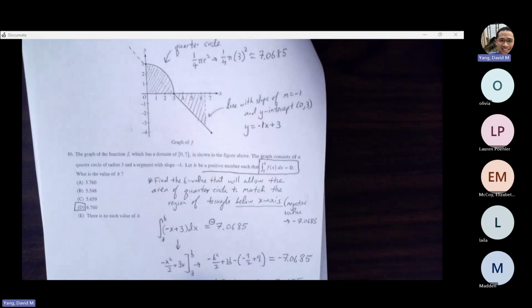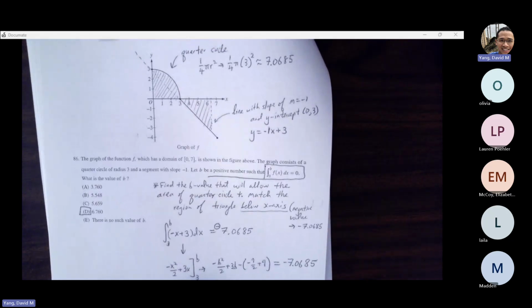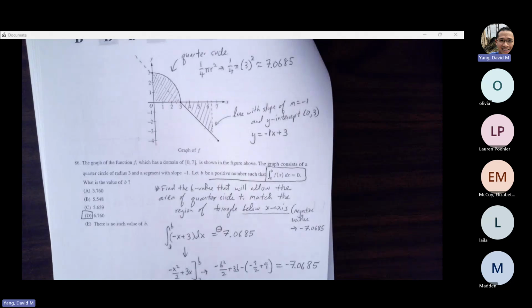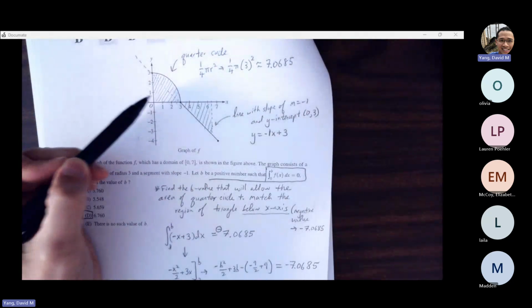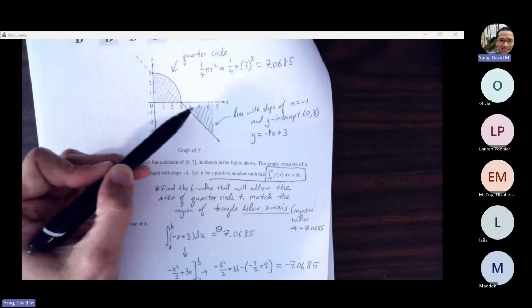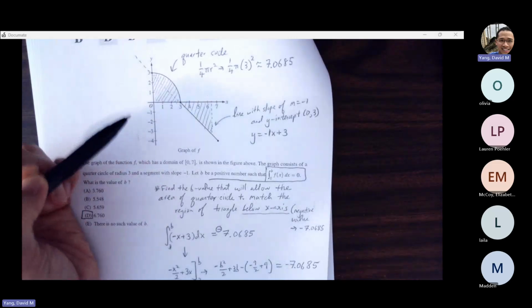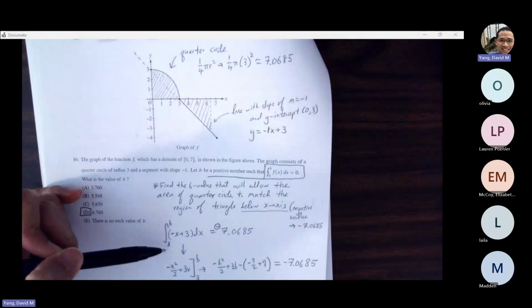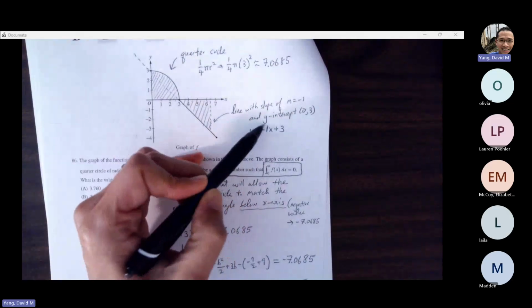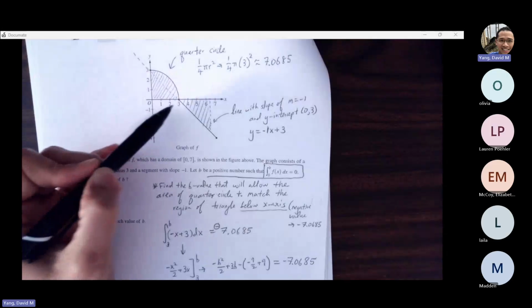So we want to find the b value such that it will allow the area of the quarter circle to match the region below the x-axis. So we basically want these regions to cancel out. So we know the definite integral from 3 to b is going to be under this graph here, this graph that we can imagine here.